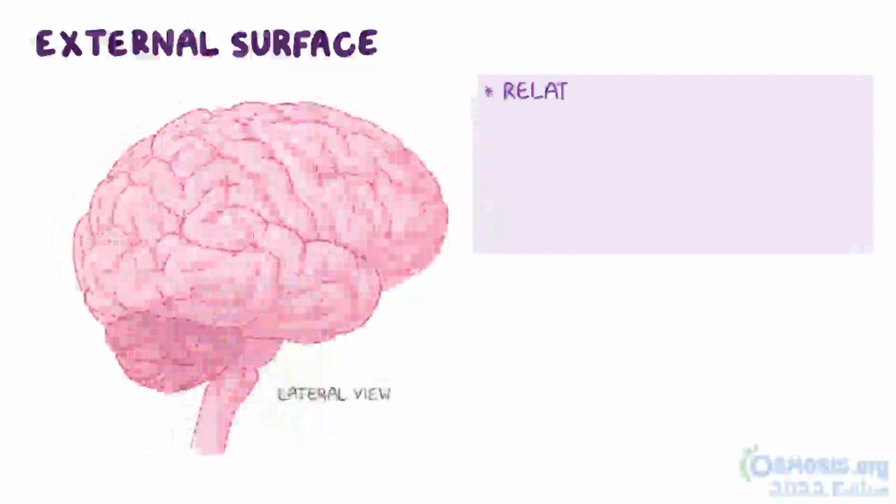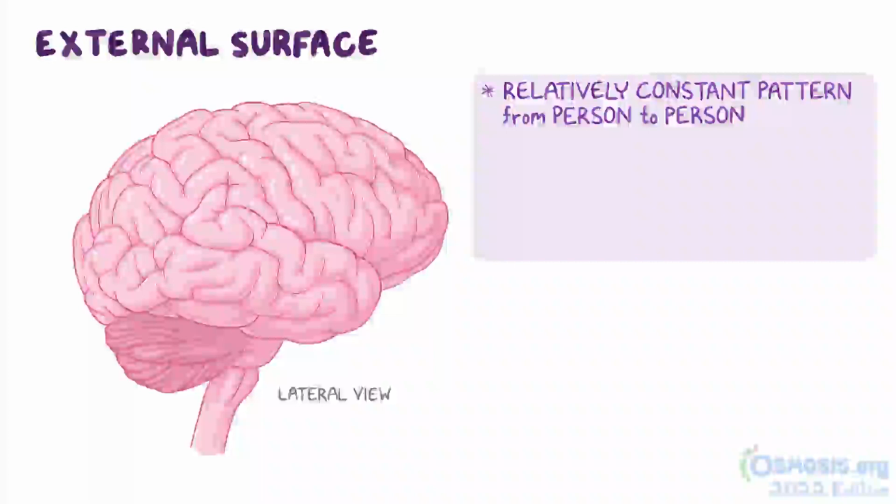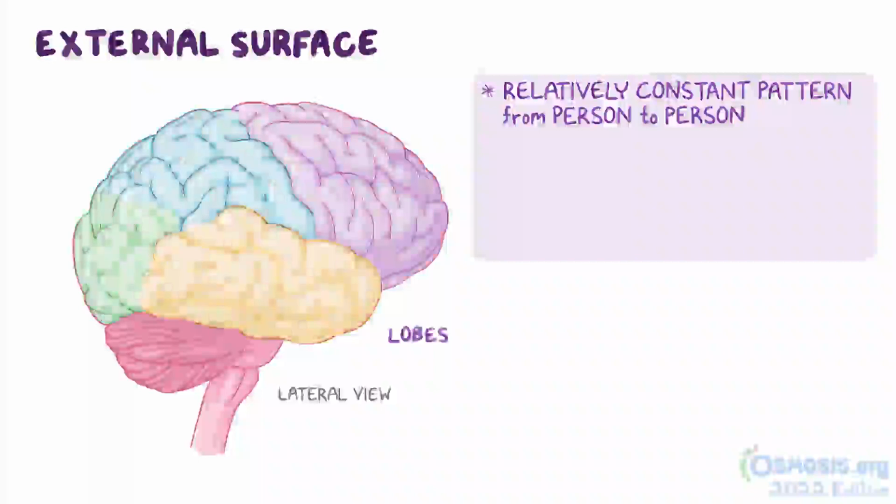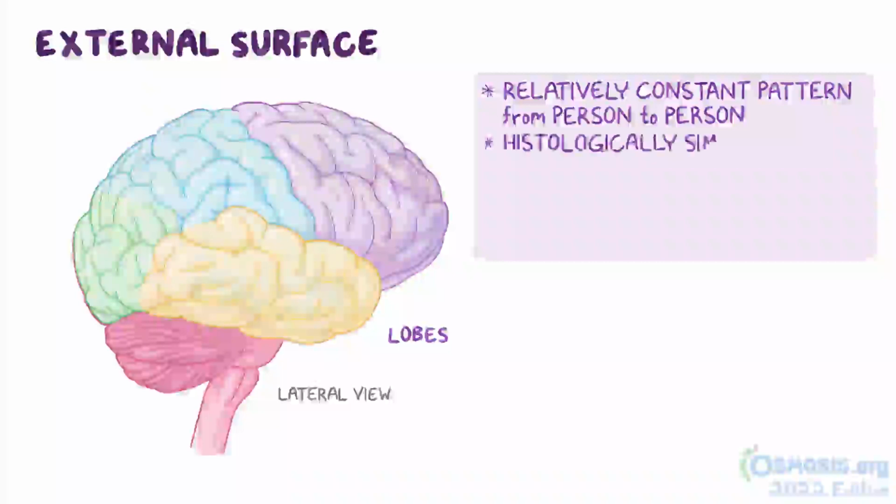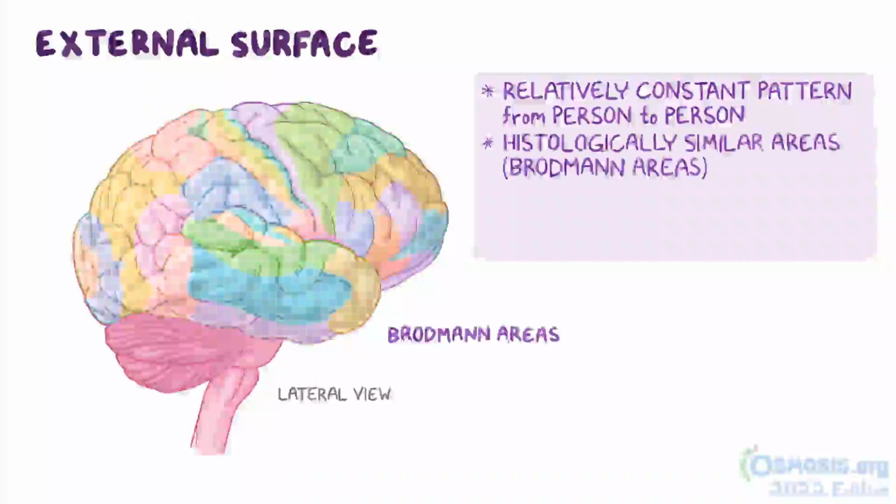Even though the brain looks like it has a random configuration of ridges and clefts, the gyri, sulci, and fissures actually create a relatively constant pattern from person to person. This pattern can be used to identify certain external landmarks of the brain, which have very specific functions. We not only can define the cerebral cortex by lobes or functionality, which we'll talk about soon, but the cerebral cortex can also be divided into histologically similar regions called Brodmann's areas.